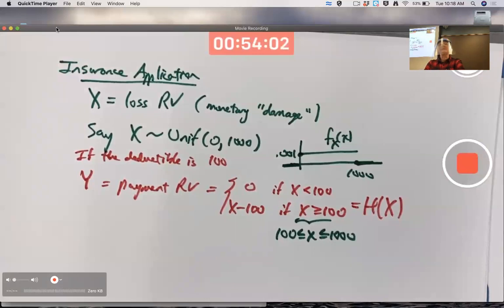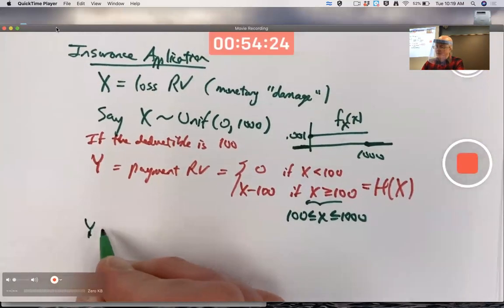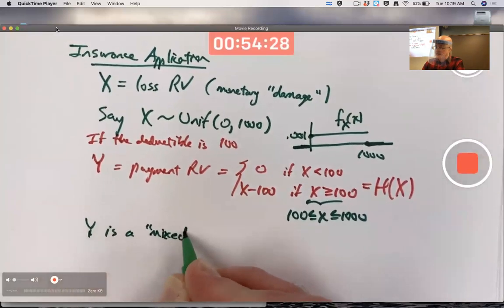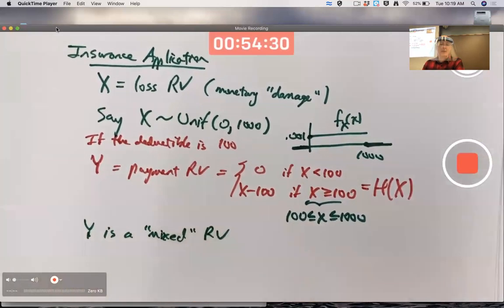Why? Because there's a non-zero probability that Y equals 0. There's a positive probability that Y equals 0. Y is not a continuous random variable. It's also not discrete. It's mixed. It's a mixed random variable.